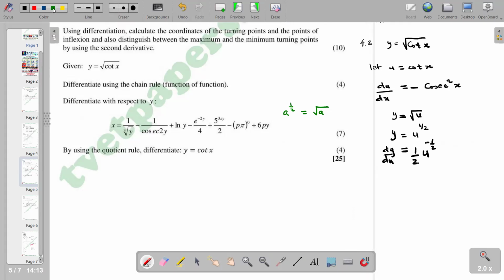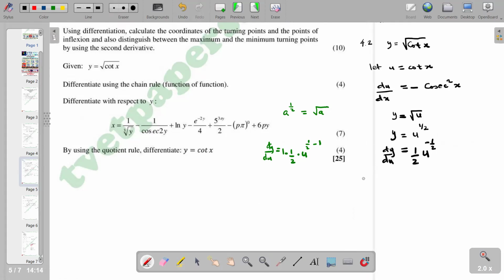The coefficient there is 1, bring down the power, which is half, then multiplied by u to the power half minus 1. Once you get this, it means we can simplify.